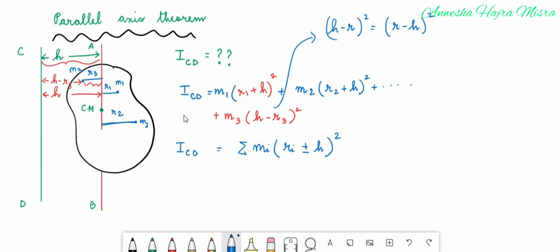So we are writing here (ri plus minus h) whole square. Now this can be written as summation of mi ri square plus twice summation of mi ri h plus summation of mi h square.